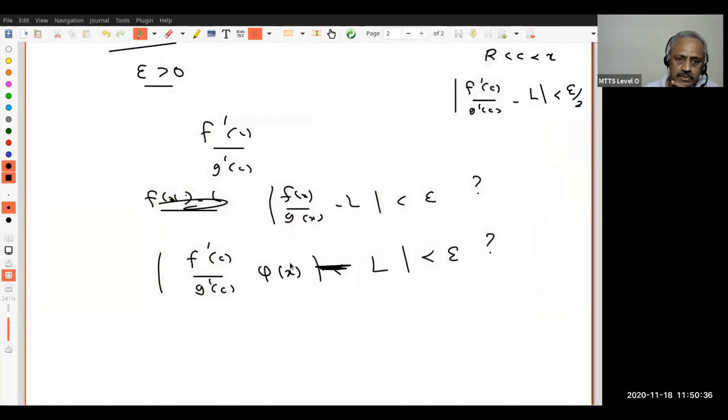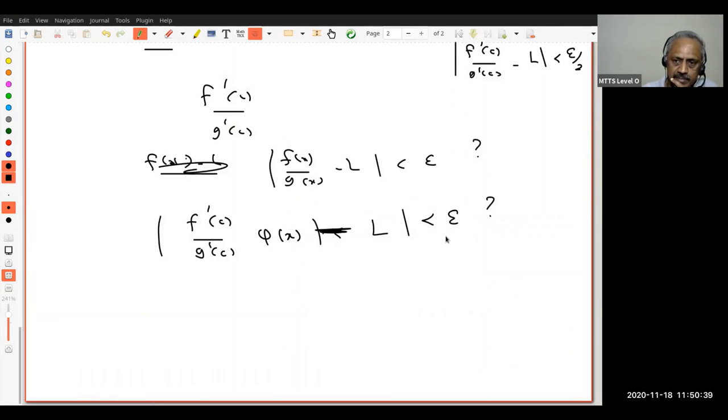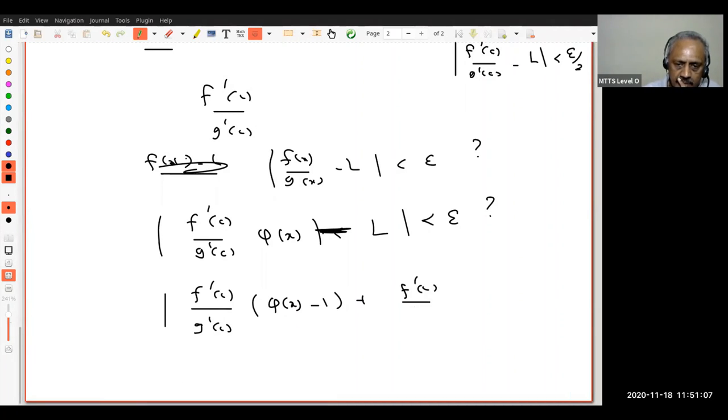You understand? Now intuitively I know f'(c) by g'(c) minus L can be made less than epsilon in some sense, right? But there is a phi of x, but I know phi of x also goes to 1. Therefore, I do again an algebra trick. f'(c) by g'(c) into phi of x, I can write it as phi of x minus 1. Since I subtracted it, the remaining term is f'(c) by g'(c) minus L. Do you understand that?